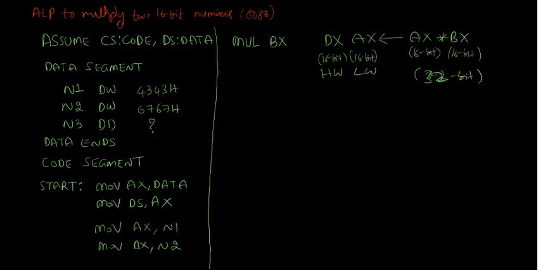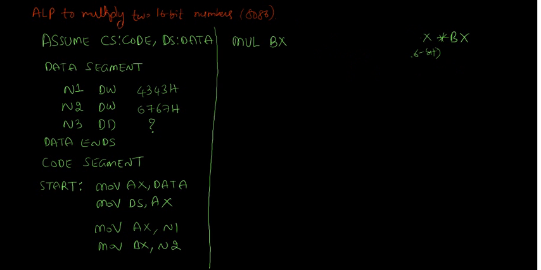executed. So here you need to remember one point: you need not mention mul ax comma bx. Simply you can write mul bx, where ax is an implicit operand, right? Mul bx.